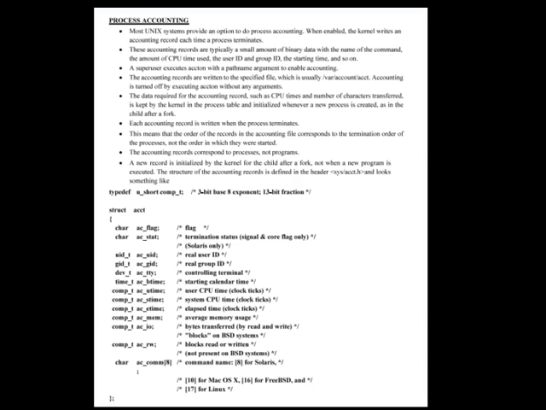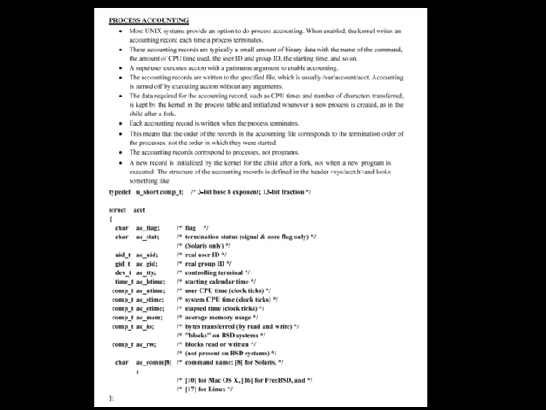A superuser executes acct with a path name argument to enable accounting. The accounting records are written to the specified file, which is usually /var/account/acct. Accounting is turned off by executing acct without any arguments.